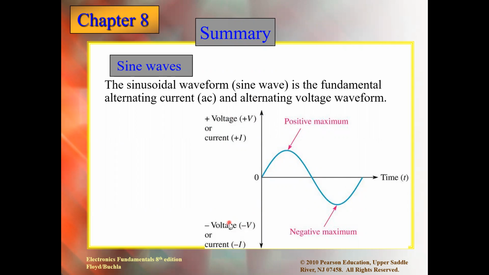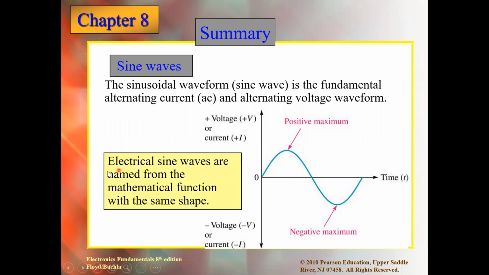It is the same for voltage and current, any waveform shape. Here we have a positive maxima and a negative maxima. The values are the same, but one is positive and the other is negative. That's why it is alternating current. These maxima and minima continue alternating, positive, negative, and so on.